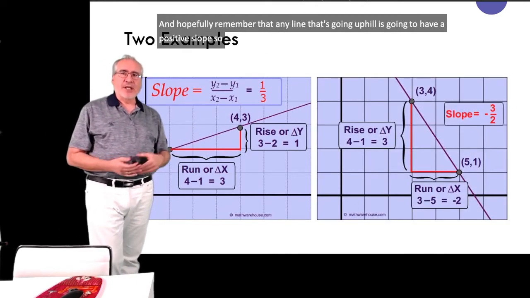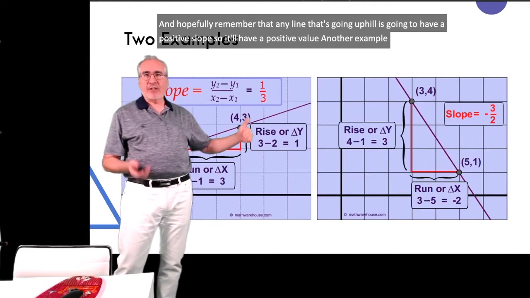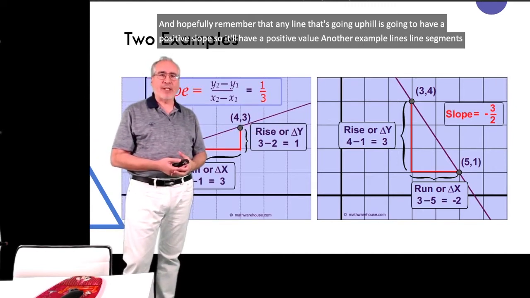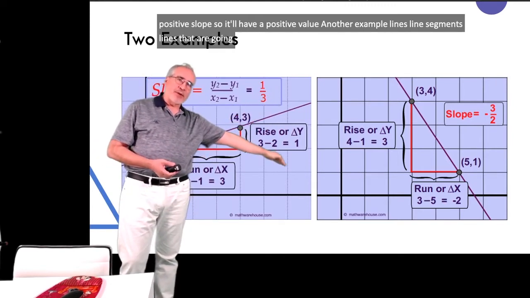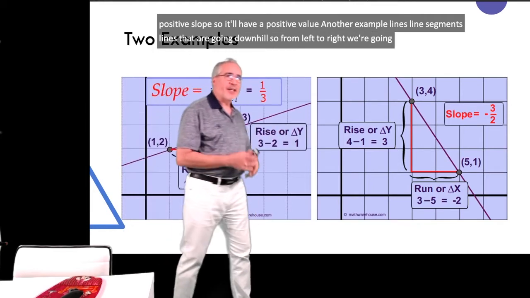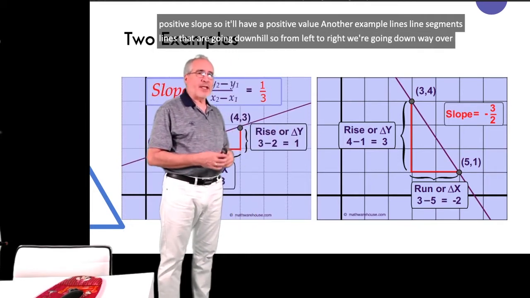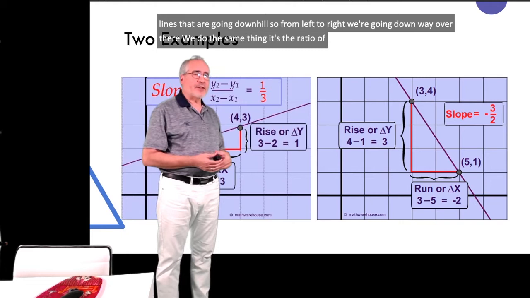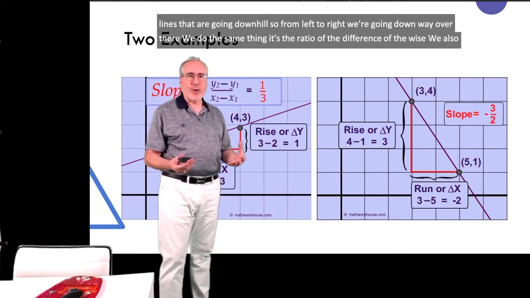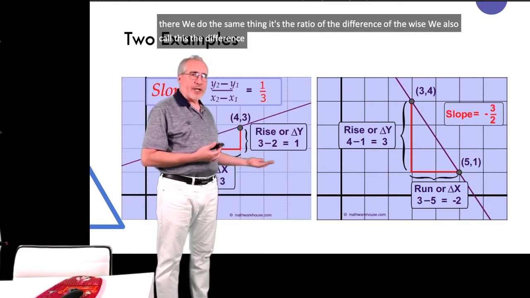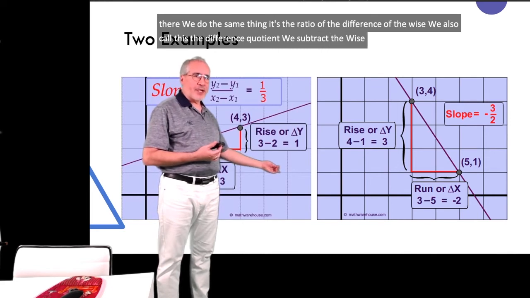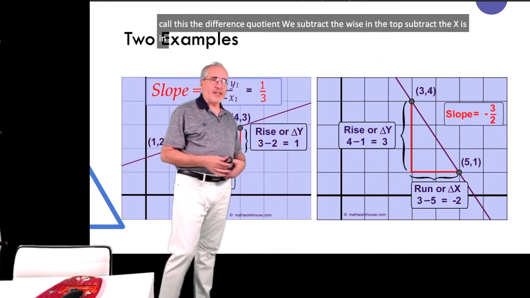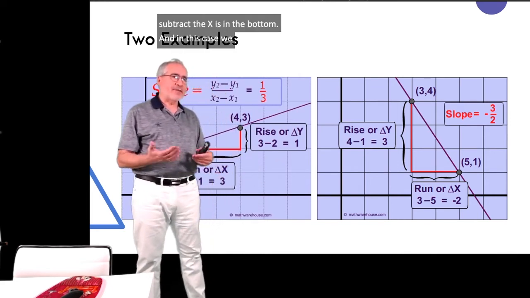Another example, line segments, lines that are going downhill. So from left to right, we're going down. We do the same thing. It's the ratio of the difference of the y's. We also call this the difference quotient. We subtract the y's in the top, subtract the x's in the bottom, and in this case, we get a slope of -3 over 2.